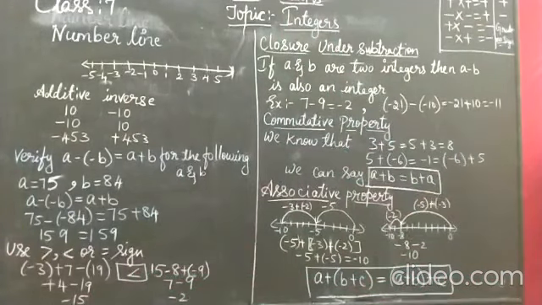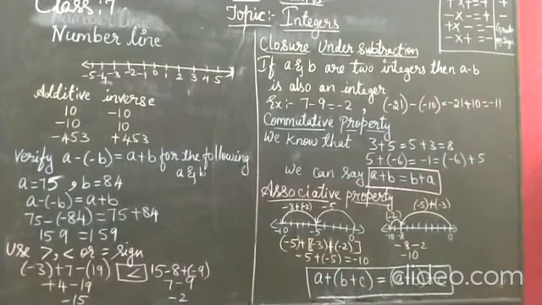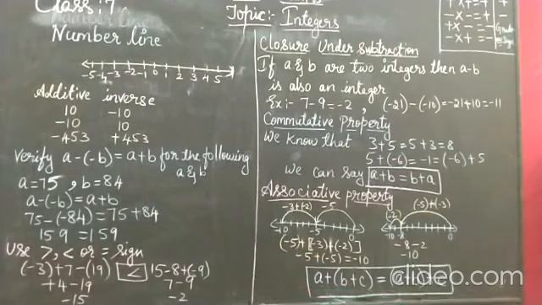Now, the next topic of our class is closure under subtraction. Again, with numbers, you have learned many things, that is adding, subtraction and all, only with the positive numbers. Now what happens in the integers? You have learned all these things only with the natural numbers. Coming to integers, we have a few laws.